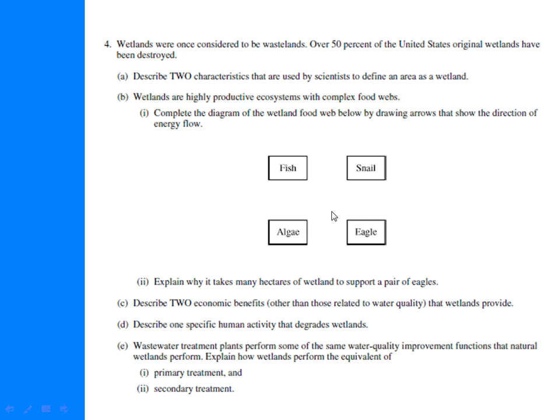So if you're going to say that the fish are eating the algae, or there's energy going from the algae to the fish, and you have time, why not write it out in a complete sentence, or a couple sentences? And then you have C, D, and E here, which you would also answer, again, in complete sentences.